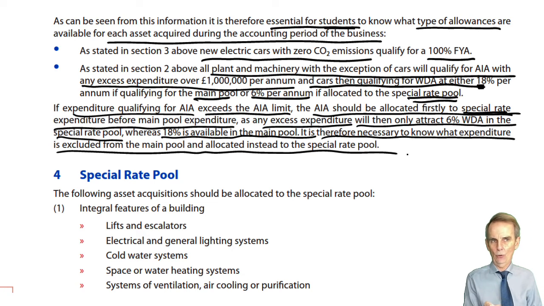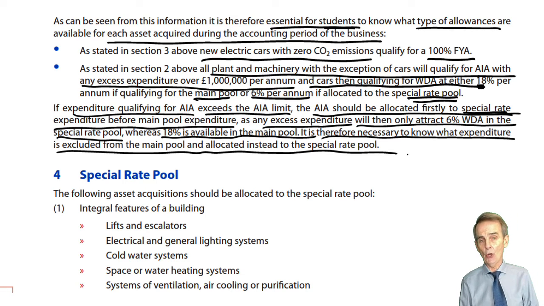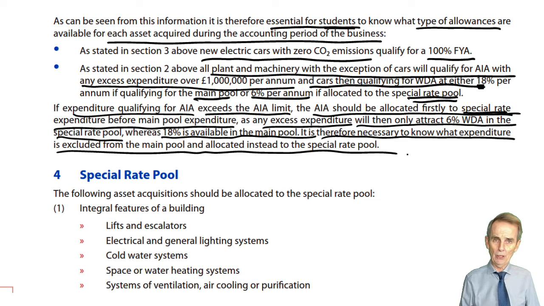So it will take the first available amount of AIA. Only then will the main pool expenditure come in for AIA, and any excess above your AIA limit will go to the pool, because at least that will get 18% per annum going forward rather than only 6%. So appreciate what that rule is.